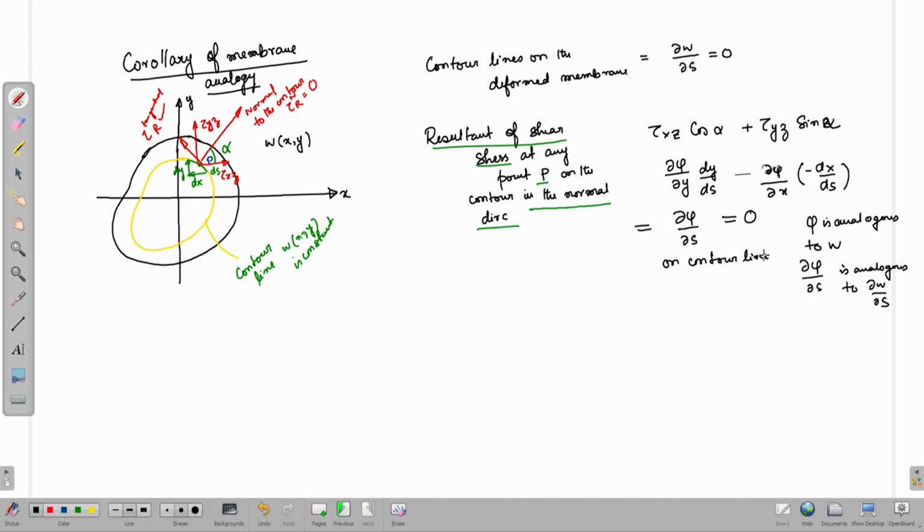at that point. Now, let us find out the resultant shear stress at P in the tangential direction. The same point, the same contour, I am just finding out the resultant in the tangential direction.